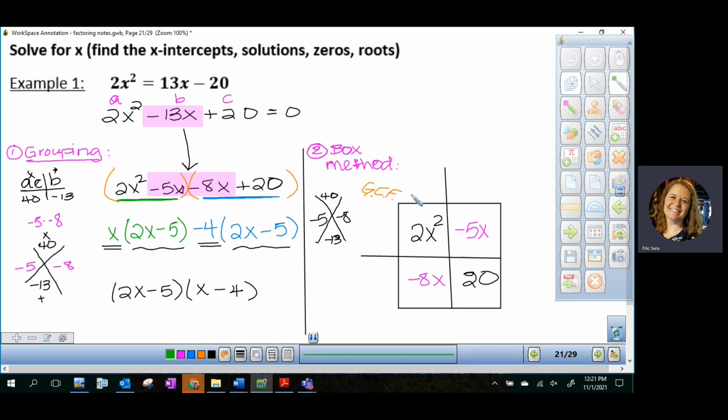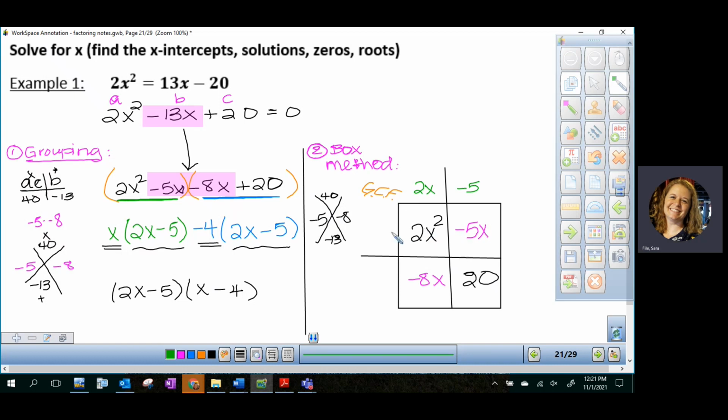So in this first column, what do the 2x squared and negative 8x have in common? I'm factoring out a 2x. What about in this column? What does negative 5x and 20 have in common? If the lead term there is negative, go ahead and factor out the negative. So negative 5. And what about this row?